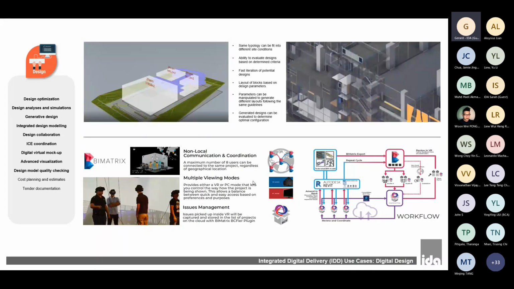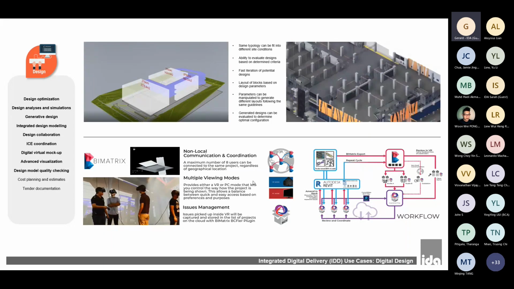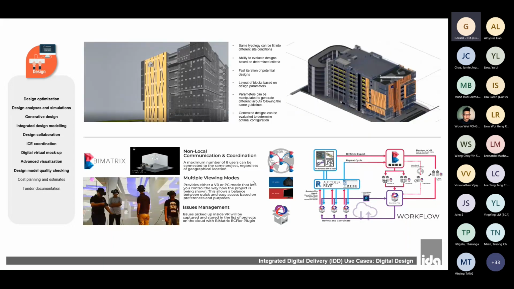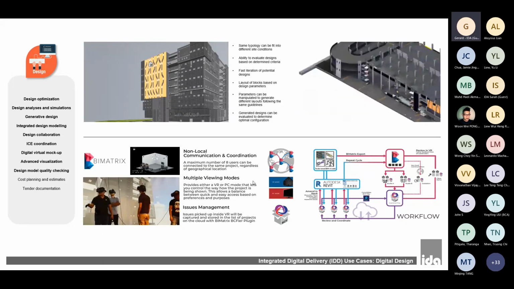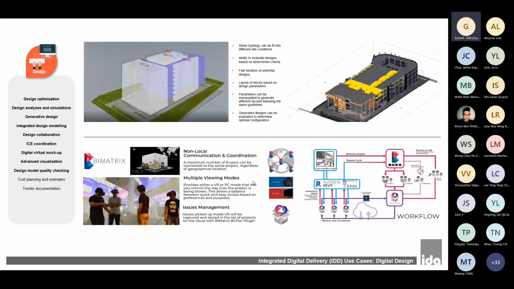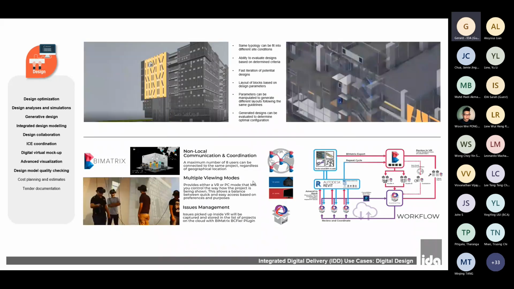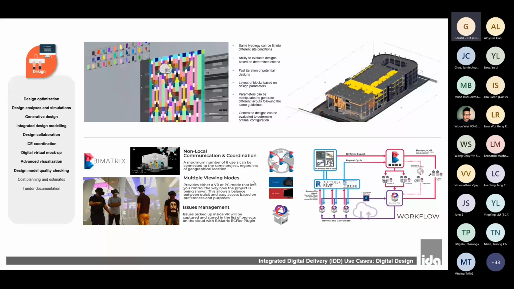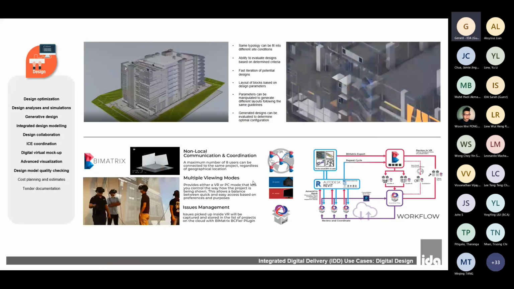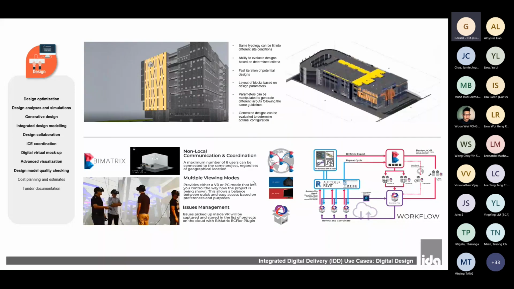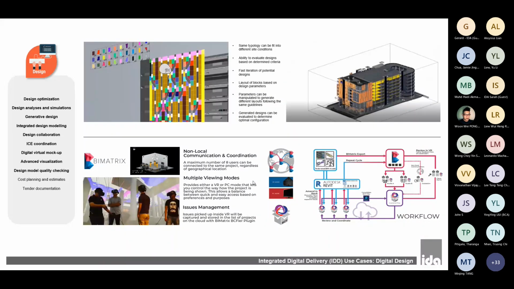Then later on, down to a finer, more detailed level, where we look at things like facade cladding, whether we can minimize the number of unique panels, and whether we can make sure that we fulfill all other criteria like visibility from the inside, not obstructing the windows and all that.